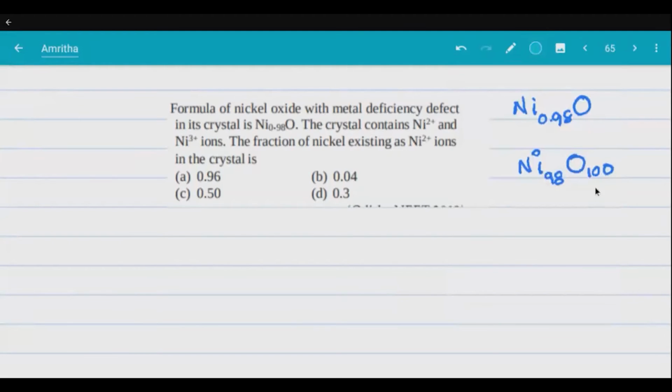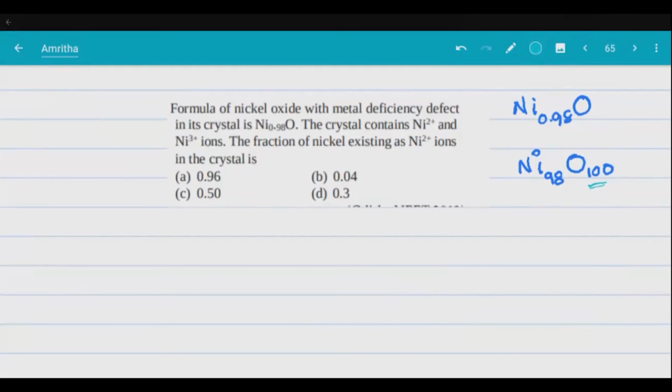Instead, between 98 nickel atoms, 100 oxygen atoms are trapped. But you can't say 0.98 atom. An atom cannot be a fraction. So this is the meaning of a non-stoichiometric compound.